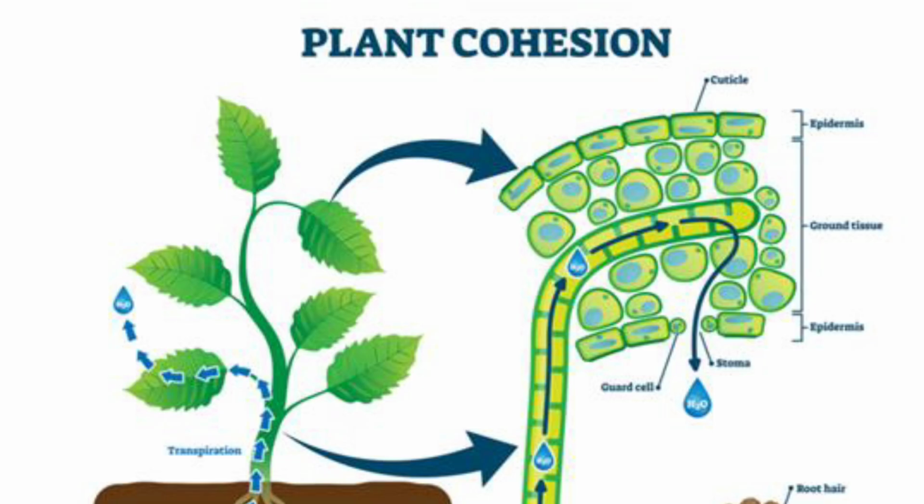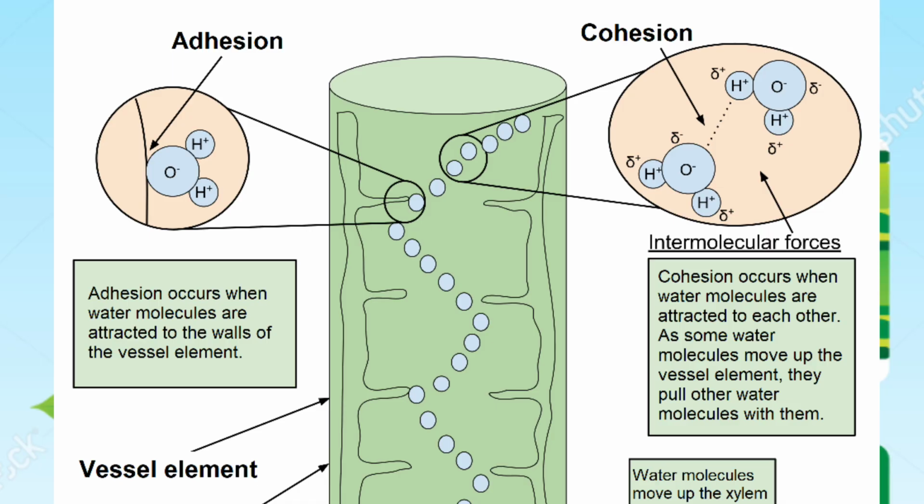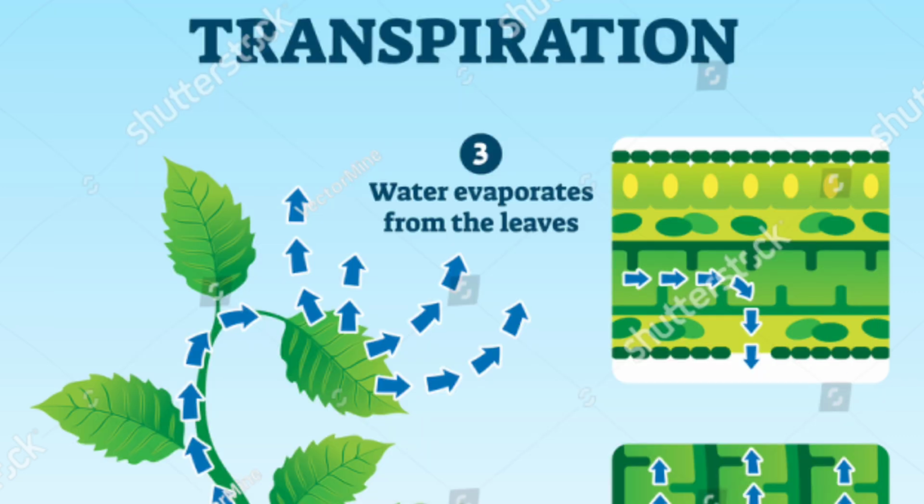Here cohesion is a mutual attraction between water molecules. Adhesion is the attraction of water molecules to polar surfaces such as the surface of a tracheary element. Transpiration pull is the driving force for upward movement of water.